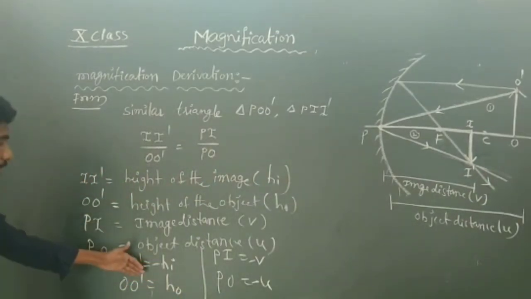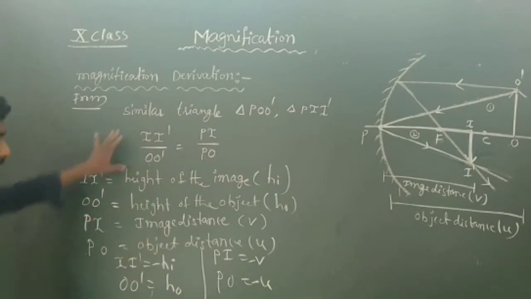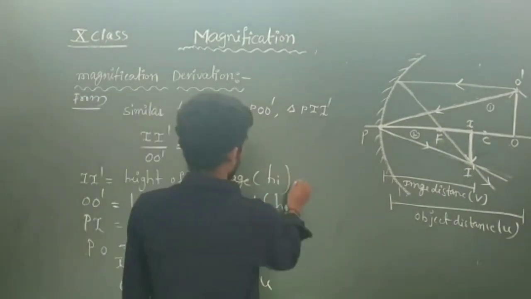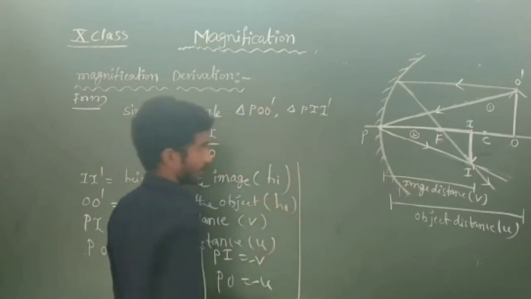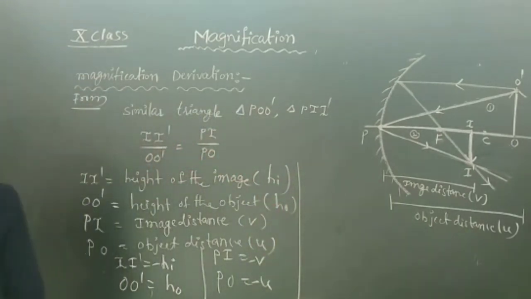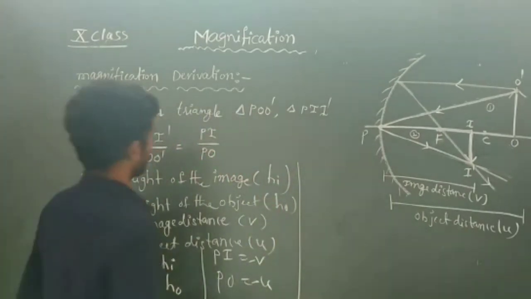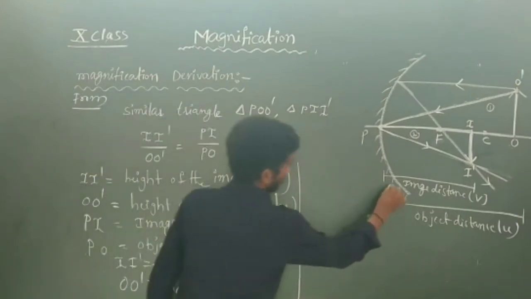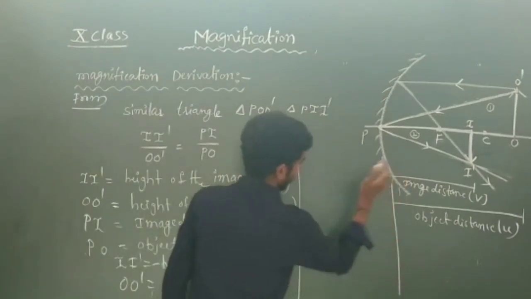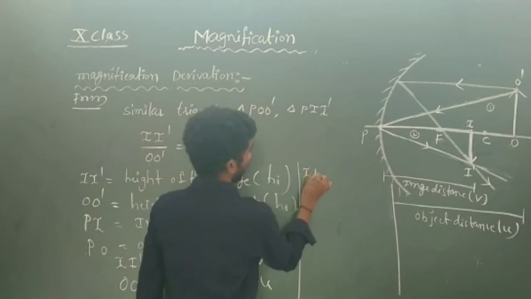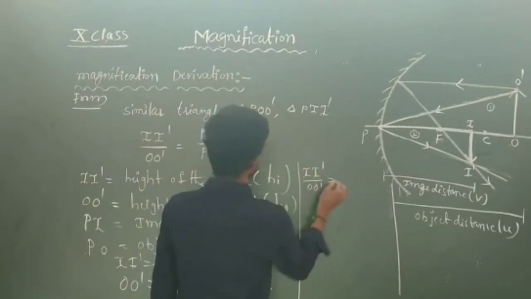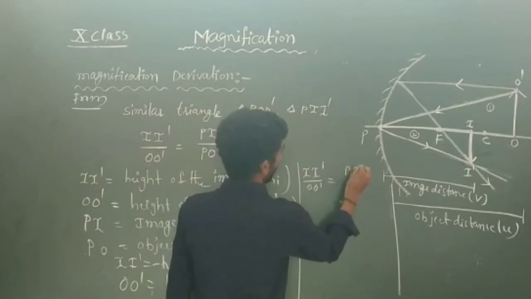Okay, this value substitutes in this equation. I dash by O dash is equal to P I by PO.